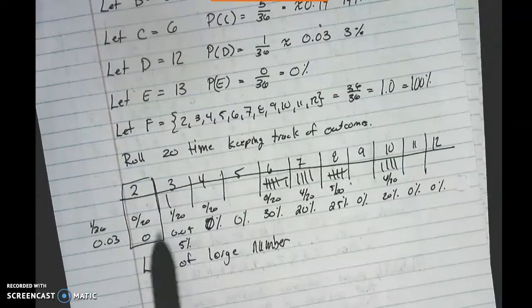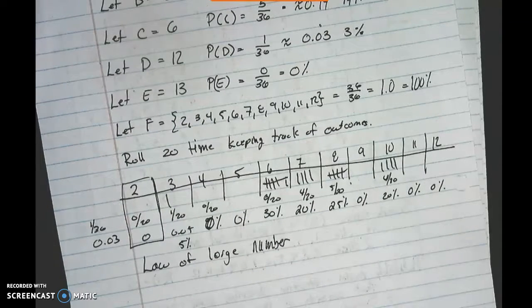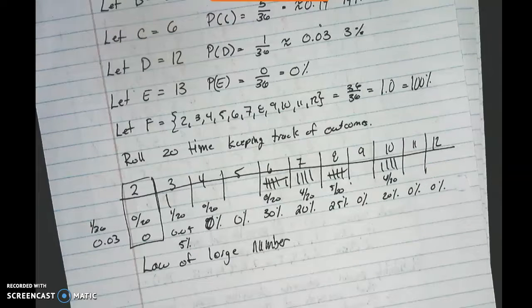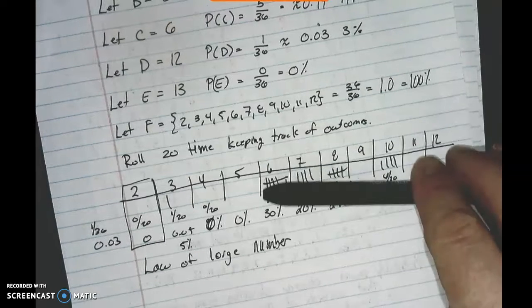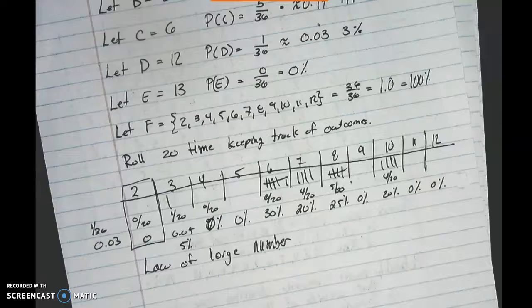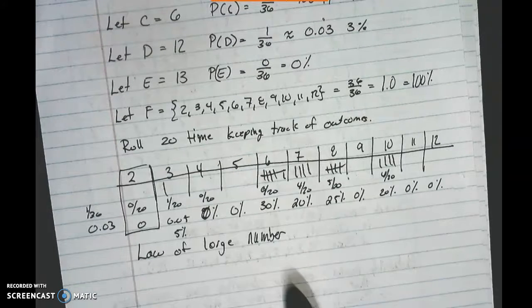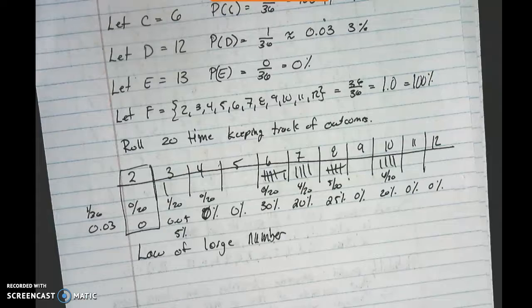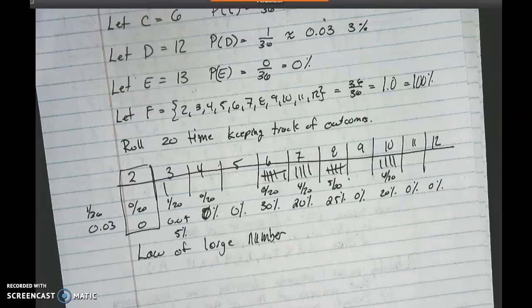If we're not getting enough repetitions, our observed data will be different from our theoretical data. But if our observed data has enough outcomes, it should match fairly closely to our theoretical outcomes.